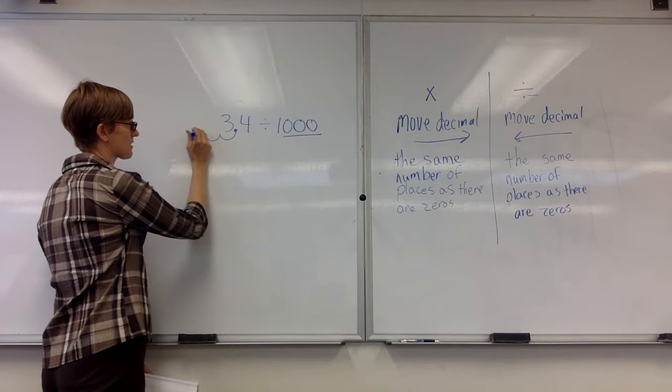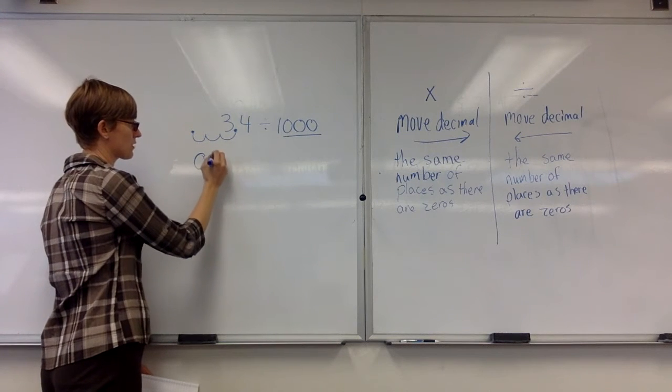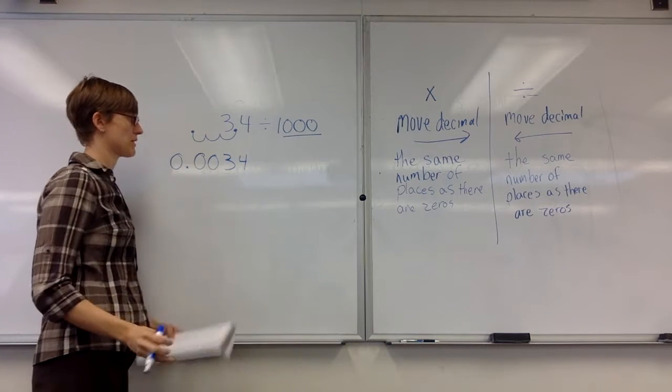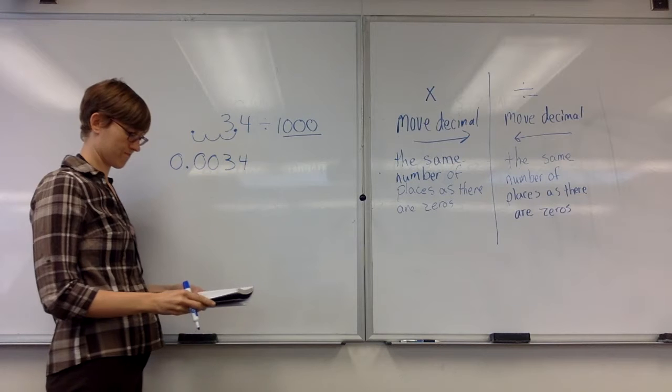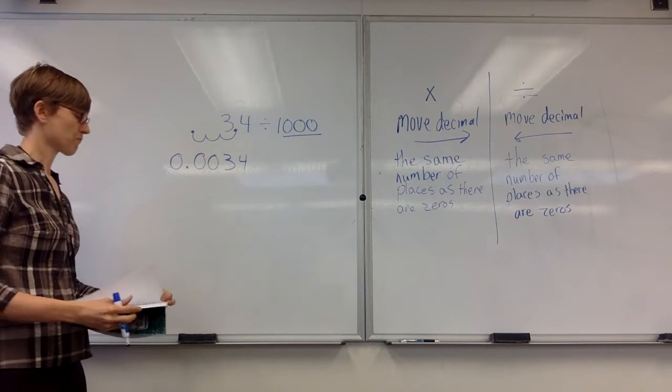Moving it 3 places to the left, we'll put it here. What I need to do is fill those spaces with zeros. So I have 0.0034. Okay. Does that make sense?